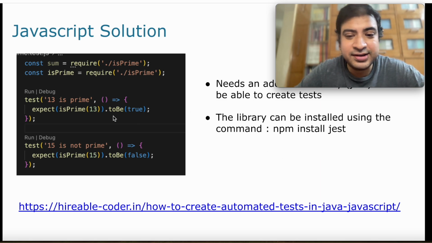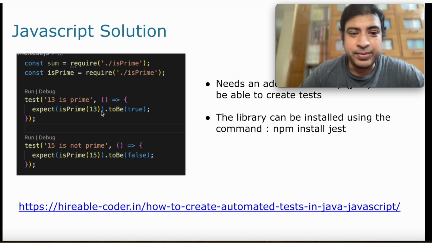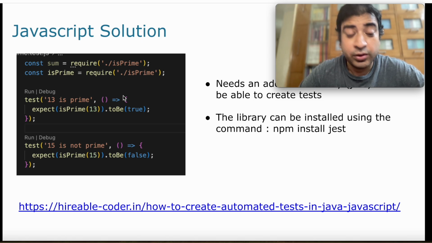On the left you can see some test code which is testing a prime number. We had another JavaScript program which checked whether a number is prime or not, and this code is checking whether the prime number check is working as expected.